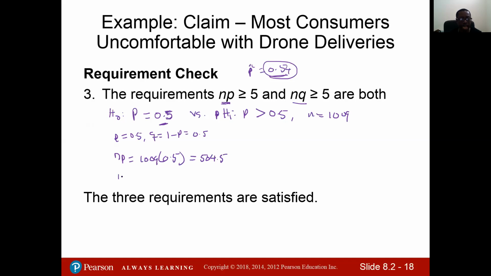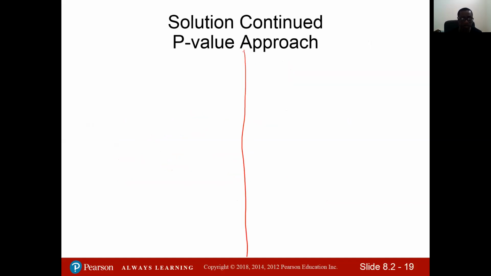And also n times q is 1009 times 0.5, which also gives me 504.5. Now both of these numbers are greater than 5. So it means this requirement is satisfied. So all the 3 requirements are satisfied. Therefore we can proceed with the test.